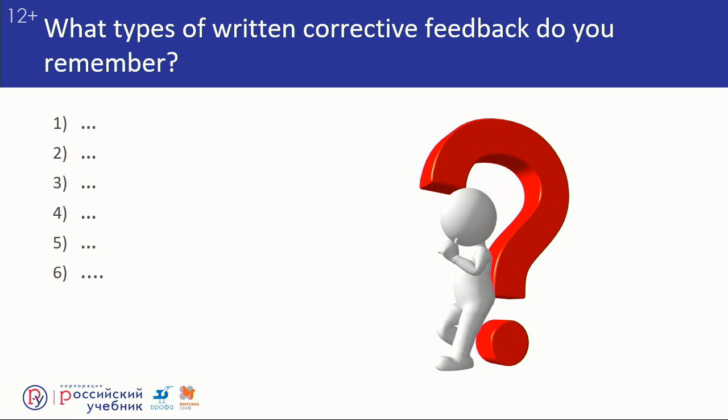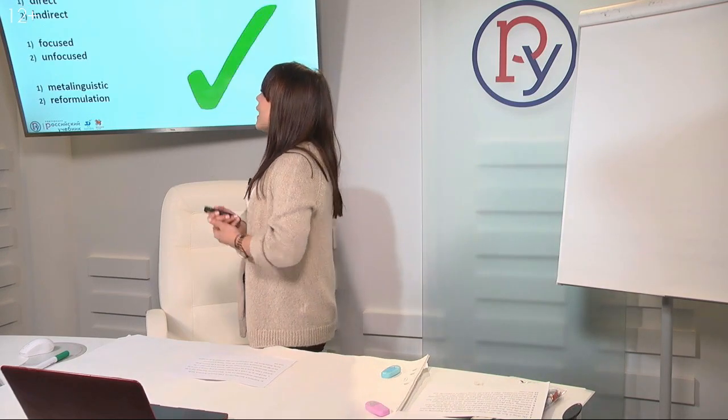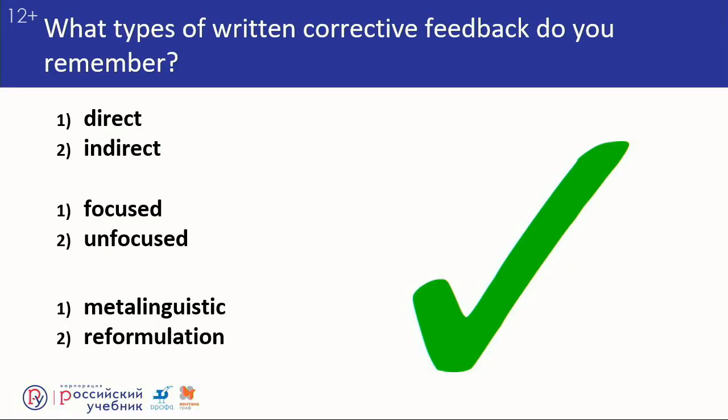There are 6 strategies, and I would like you to write down in the comment section below the ones that you remember. You remember the strategies that we can use when assessing student writing and correcting their mistakes in their written works. There were 6 strategies, and here they are.